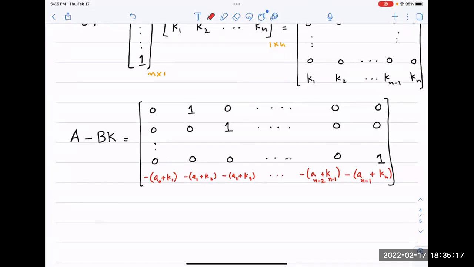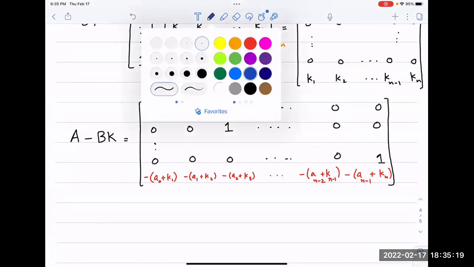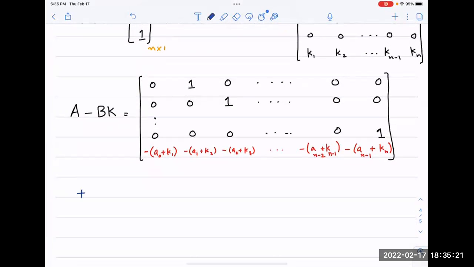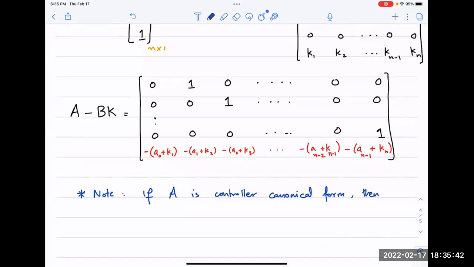Okay, so just a quick note that if A is in controller canonical form, then you have noticed that A minus BK is also in controller canonical form, right?